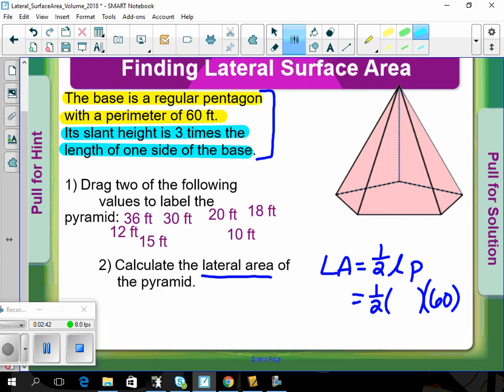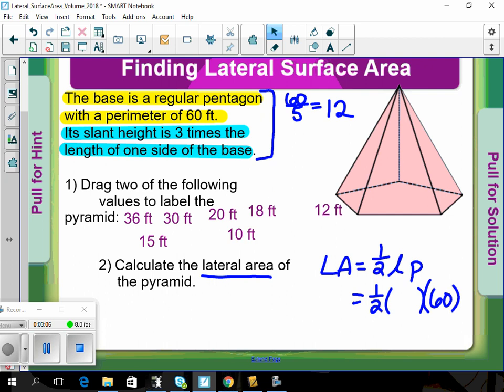Well, it doesn't give me a number. How'd you get that then? You're right. Perfect. So if I divide the perimeter, 60, by the number of sides, so 60 divided by 5, what'd you get for that? I got 12. Right?